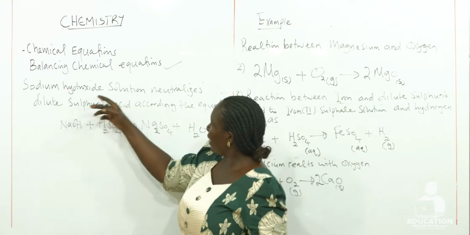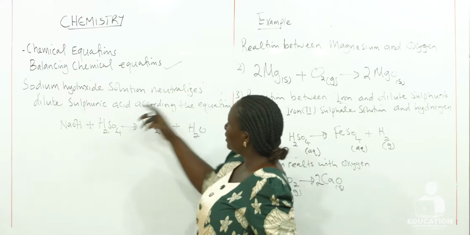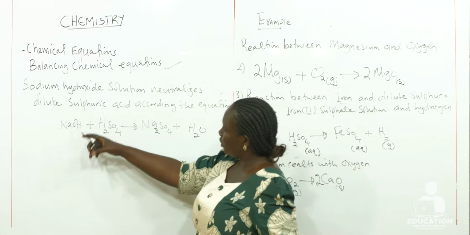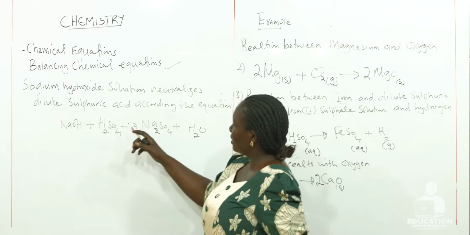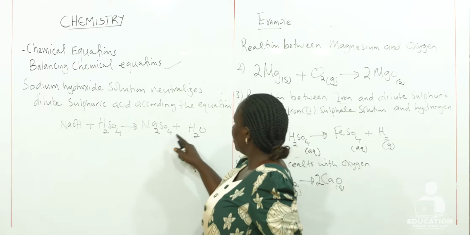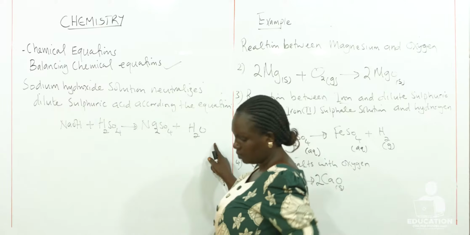We said sodium hydroxide solution neutralizes dilute sulfuric acid according to the equation. This is the equation, sodium hydroxide plus sulfuric acid giving us sodium sulfate plus water.